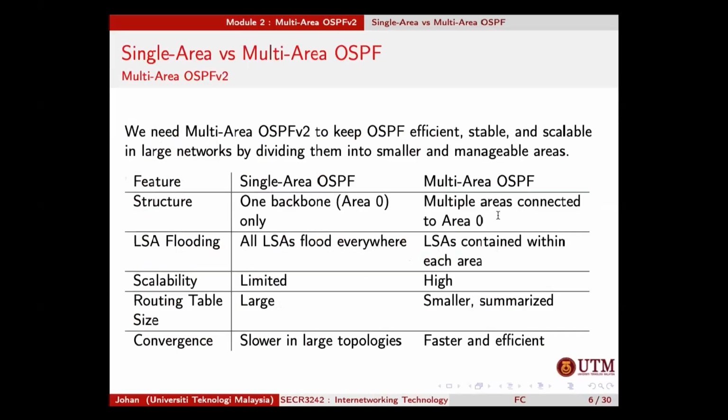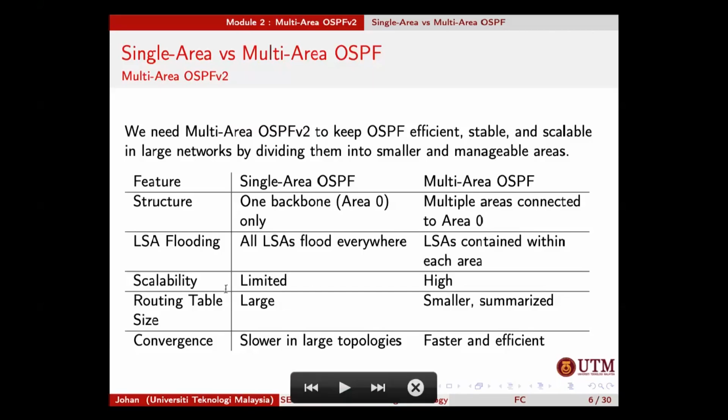So for the single area, all LSAs flood everywhere in area 0. But here we can constrain and limit the LSAs traveling to other areas. So LSAs are contained within each specific area, and they cannot go beyond their area. So that's why we have multi-area OSPF.